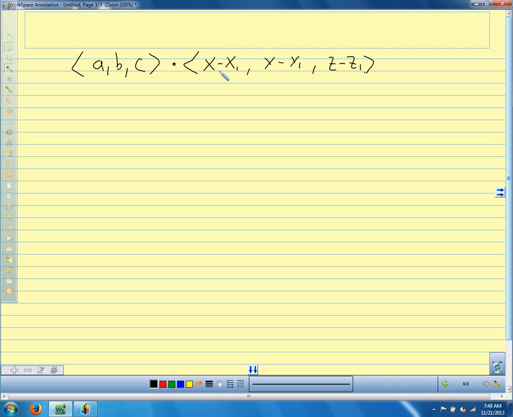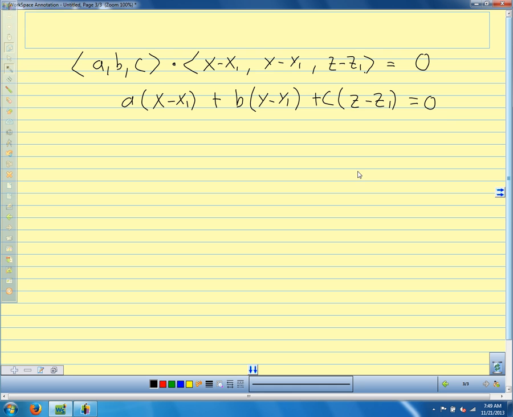Our point Q is just some arbitrary point x, y, z, and x1, y1, z1 is our point P that we're given on our plane. And this dot product equals 0. Writing out this dot product, I get a times x minus x1 plus b times y minus y1 plus c times z minus z1 equals 0.